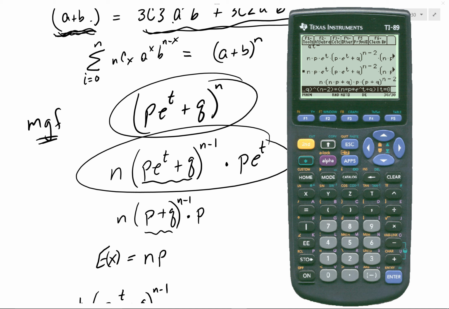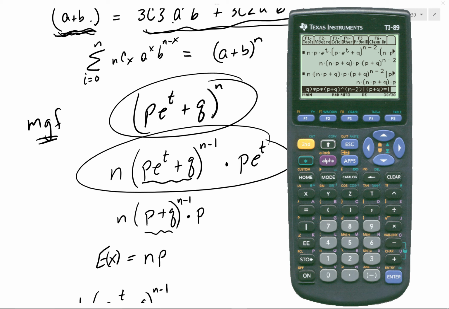I think you can even do this, but don't quote me on that. I think I can even do this, such that alpha p plus alpha q equals 1. Yeah, baby, look at that. Nice job, Jay. Not bad.